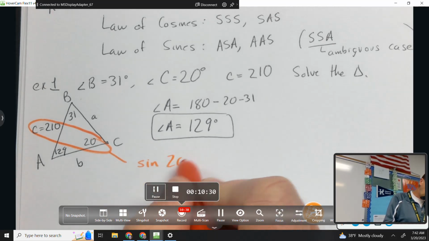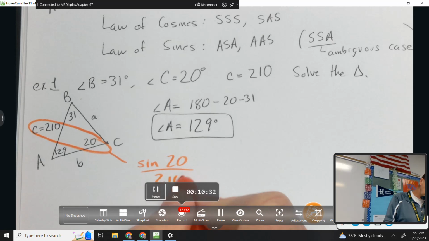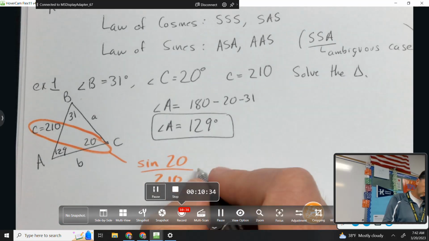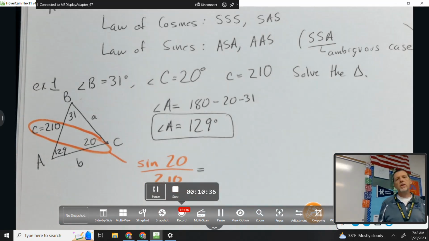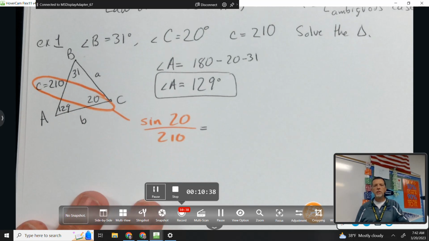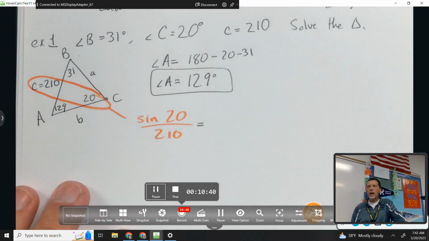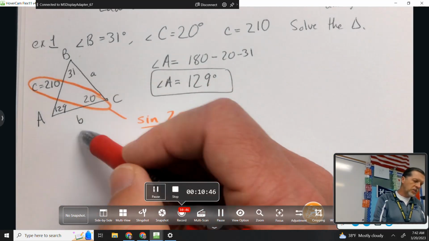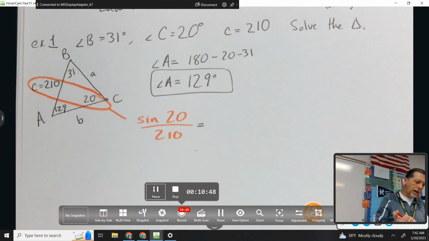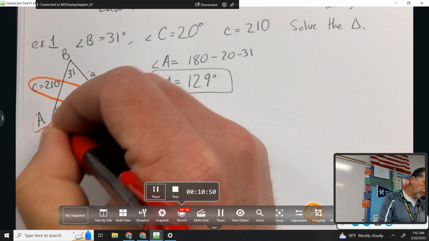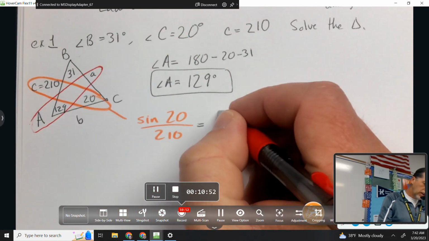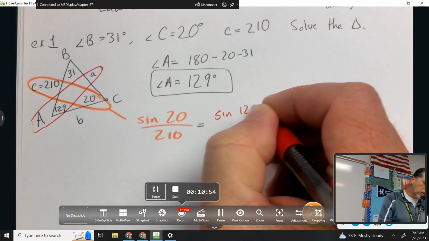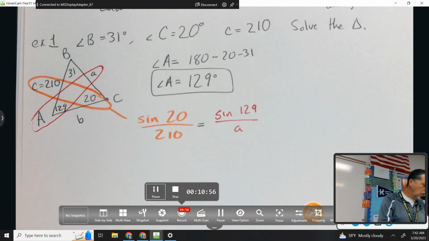So sine of 20 over 210 equals, and then you could pick either of the other pairs, right? Because you don't know side A and you don't know side B, so it doesn't matter. I guess let's just go alphabetical order here and do sine of 129 over side A.